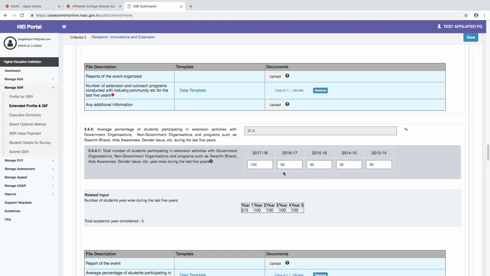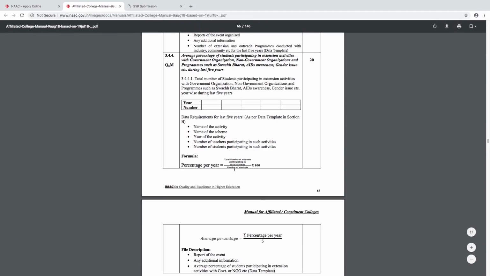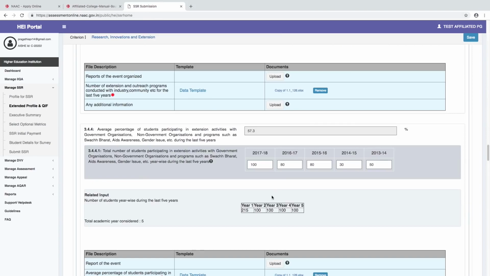The related input as denominator for this particular metric is going to be fetched from the extended profile as the total number of students year-wise, and hence we would see that appear here. This will be worked out according to the formula provided here: the total number of students participating in such programs divided by the total number of students every year into 100, and that percentage is again averaged out, whose final value would be 57.3.